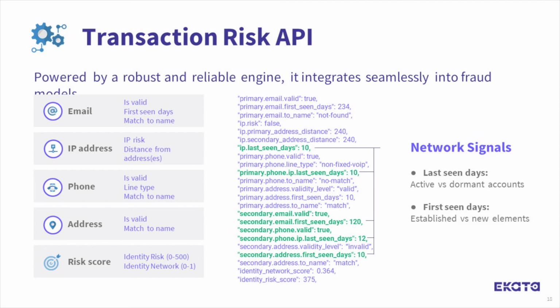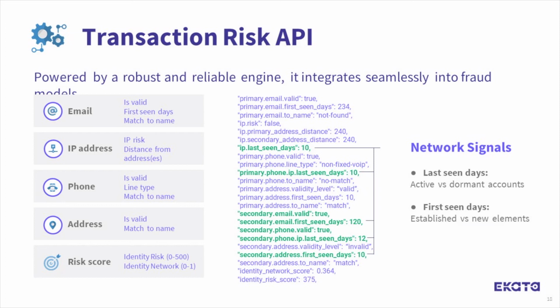Then we have risk scores: the identity risk score, which is our all-up product risk score, and the identity network risk score, which is based just on the activity pattern, what the risk score is on this particular identity that has been submitted. And then you also see the new network attributes that got added, for example secondary email first seen days.